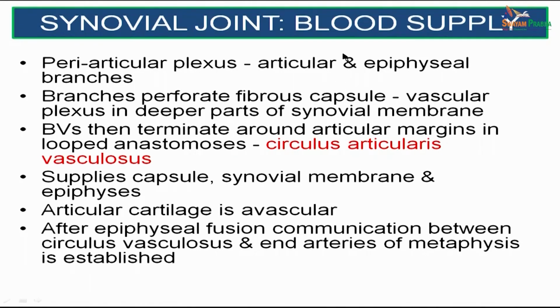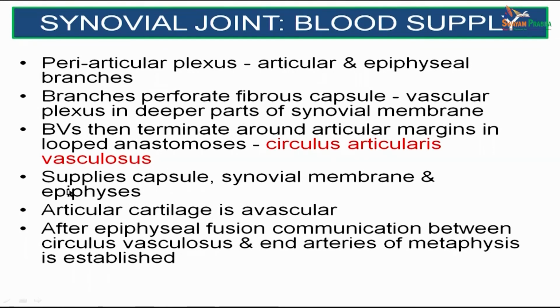Now we come to blood supply of a joint. The blood is supplied to a joint through the periarticular plexus, that is the articular branches and the epiphyseal branches. These branches perforate the fibrous capsule, and a plexus is formed in the deeper parts of the synovial membrane. Then these blood vessels terminate around the articular margins in a looped manner, which is called circulus articularis vasculosus.